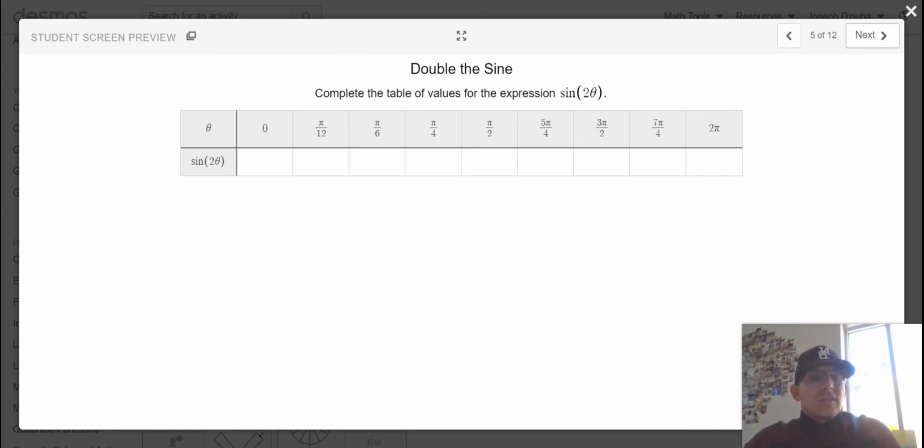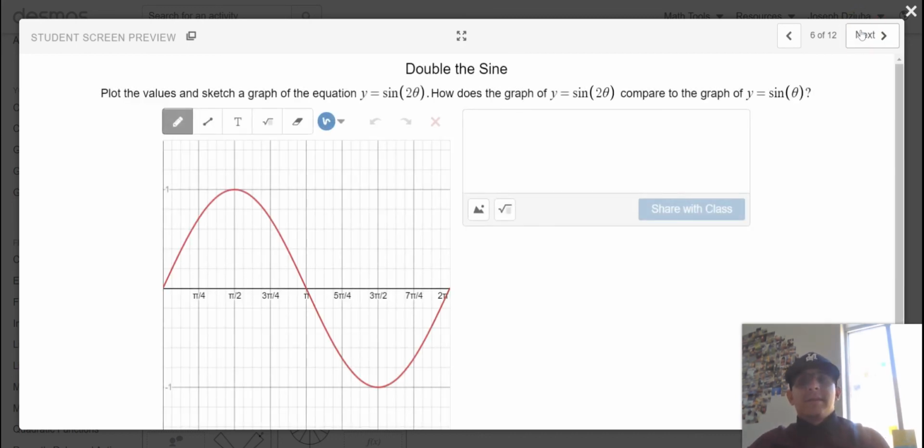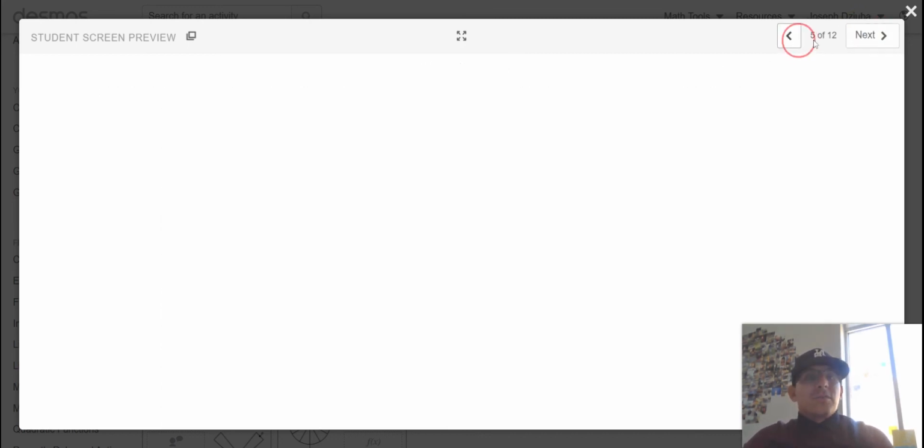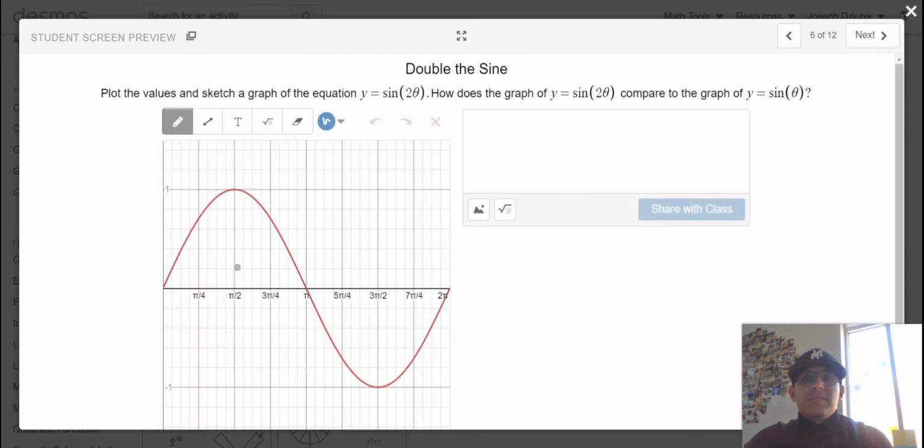Here, you'll see what is happening to at least the algebraic outputs for this function, sine of 2 theta, with this table. This will be a great way to check whether or not you have certainly mastered the unit circle. You'll take those values from your previous screen in this table and plot them accordingly.